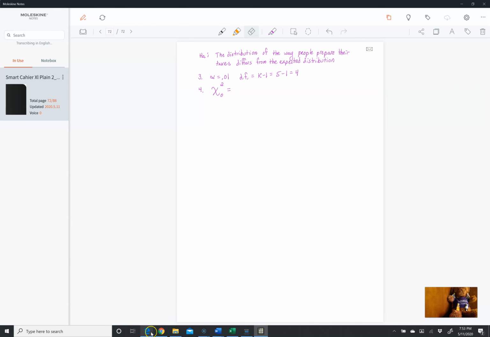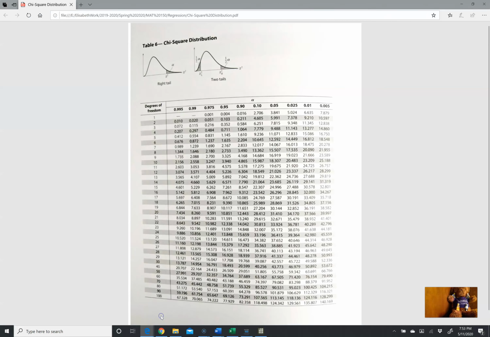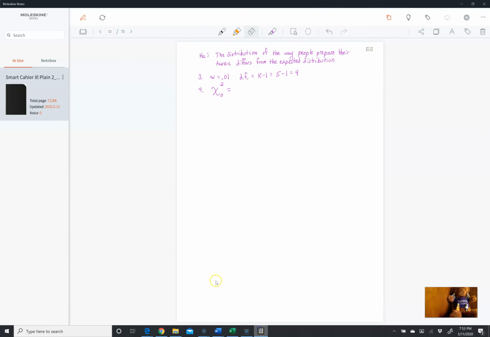That means that we go to our chart. We have a 0.01 level of significance, and degrees of freedom is 4. So the number that we're looking at is 13.277. So that's our chi-squared sub 0.